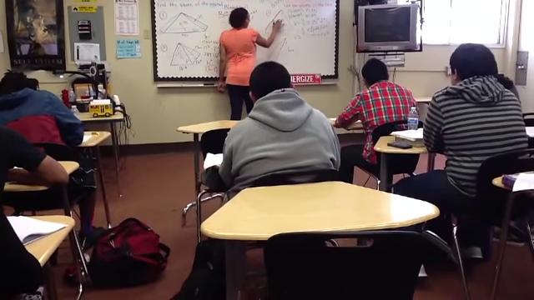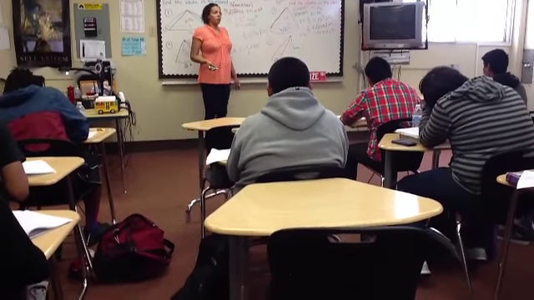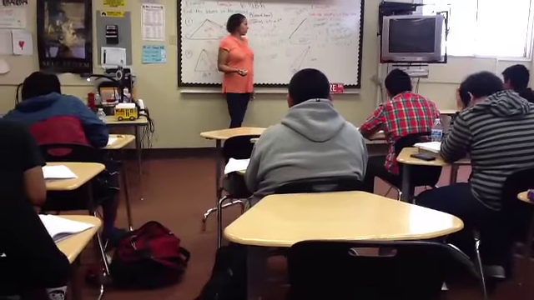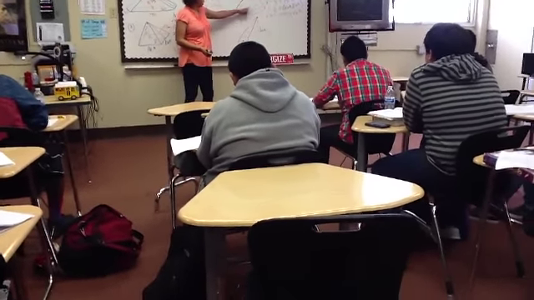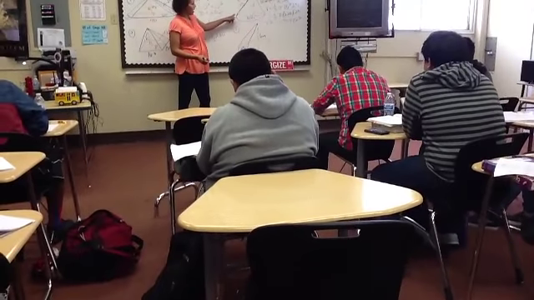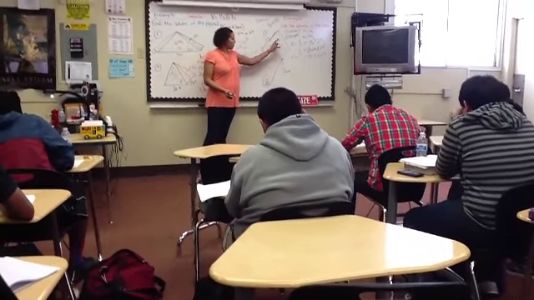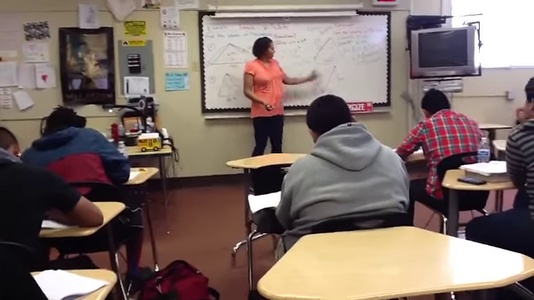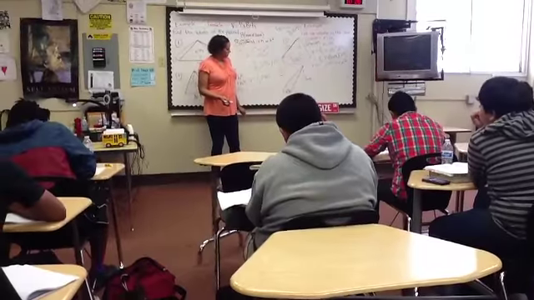Could I figure out the height if I didn't know what this number was? Yes, still using what formula? Pythagorean theorem. Sometimes you might not be given the actual height of the cone, you might be given the slant height. But just like our pyramid, we can use the Pythagorean theorem to find that missing length. And I'd still have to bisect my diameter as well.